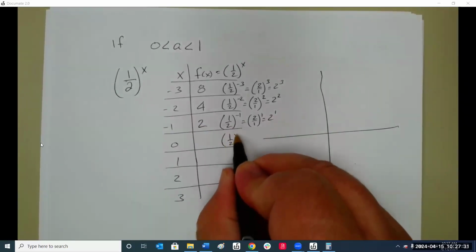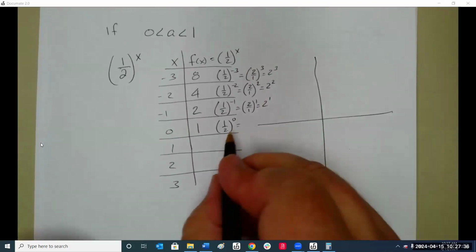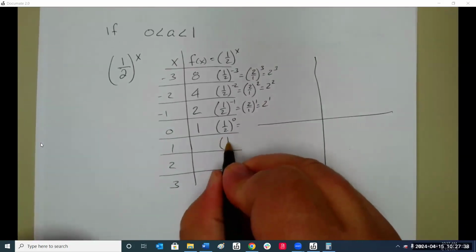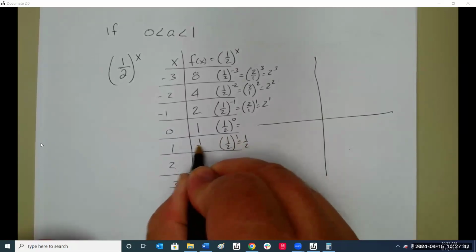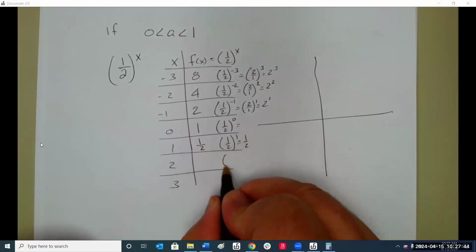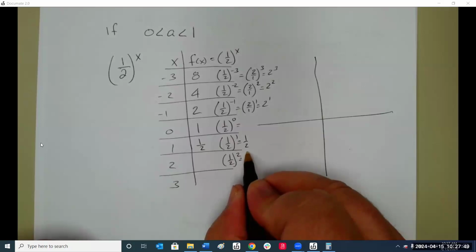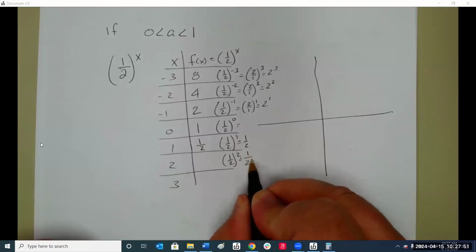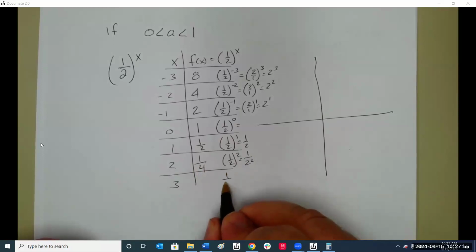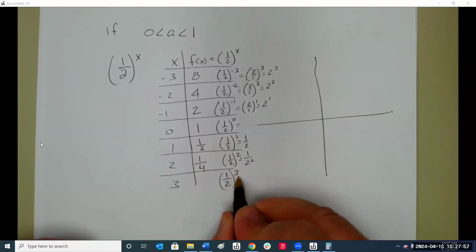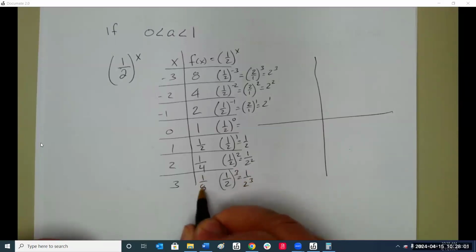1/2 to the power 0 is just 1. 1/2 to the power 1 is 1/2. 1/2 to the power 2 is 1/2 squared, which is 1/4. 1/2 to the power 3 is 1/2 cubed, which is 1/8.